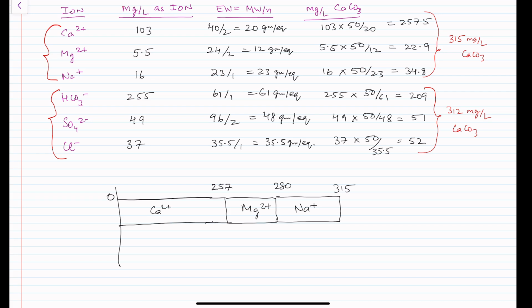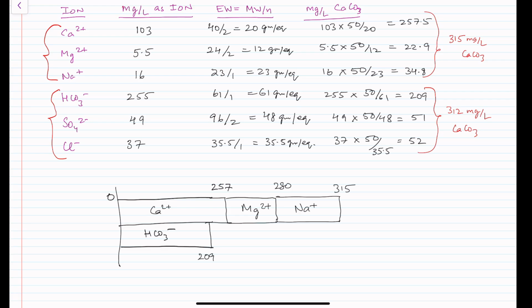So anions would be at the bottom. The biggest chunk is the bicarbonate, which is 209, slightly lower than the calcium.